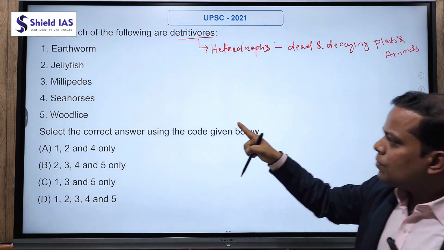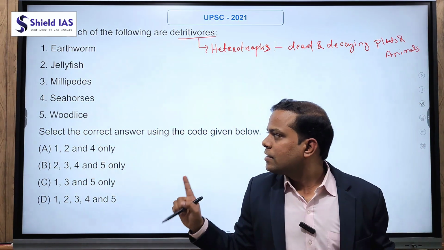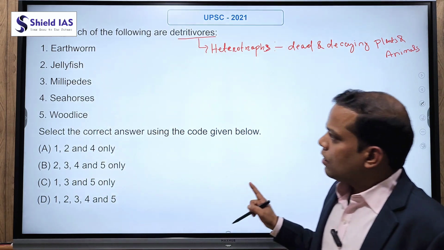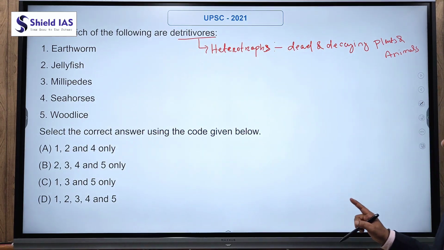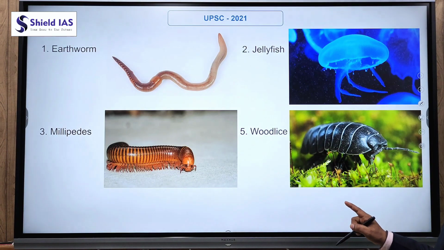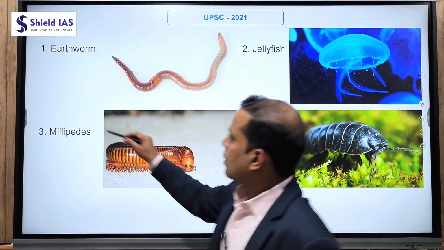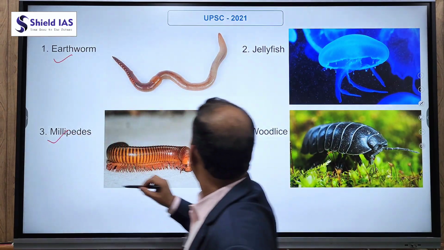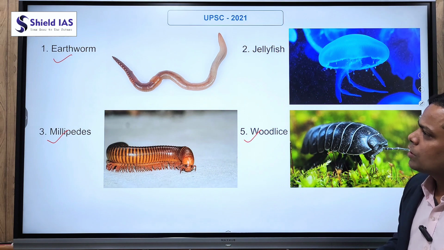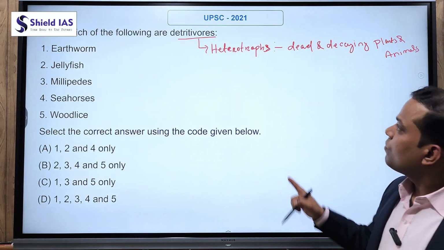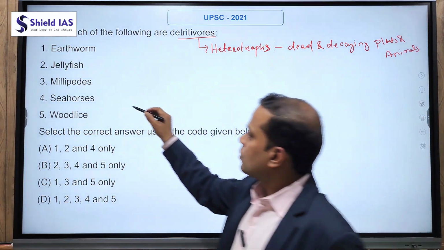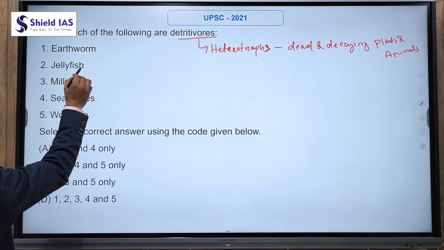So here we have earthworm, jellyfish, millipedes, seahorses and woodlice. Out of these, you can see the picture: earthworm, millipedes and woodlice. So these feed on detritus. So we can eliminate jellyfish.